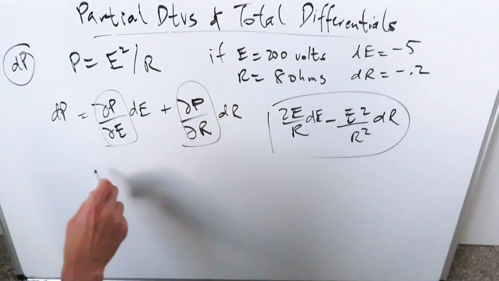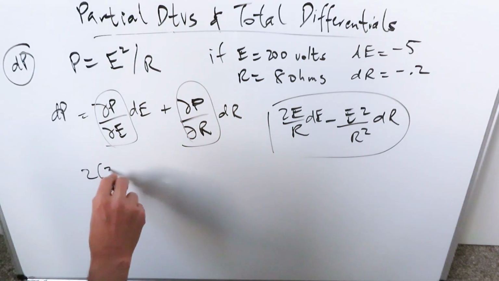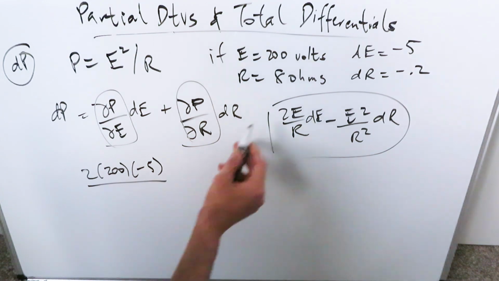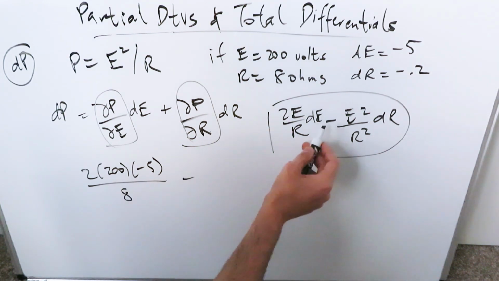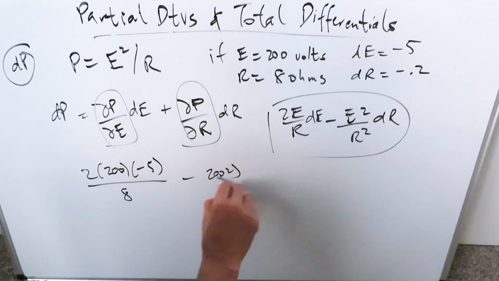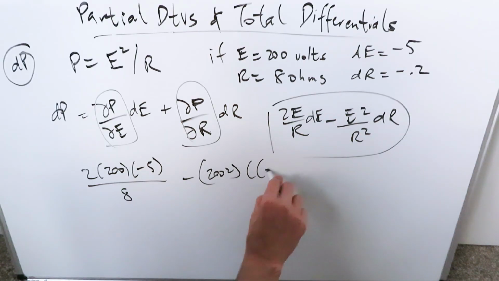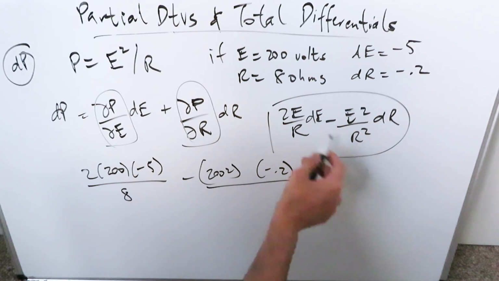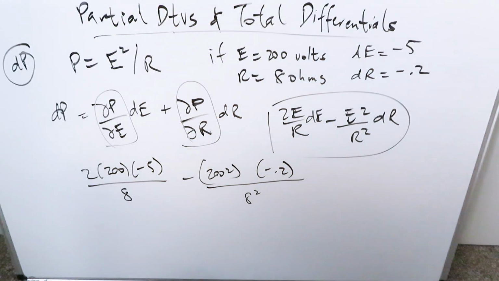We'll plug everything in. I have a 2, my e value here is 200, my de is minus 5, and my r over here is 8. Then I have an e square, which is 200 square, times my dr, which is minus 0.2, and then divided by r square, which is 8 square. And we'll just compute this and arrive at our end result.